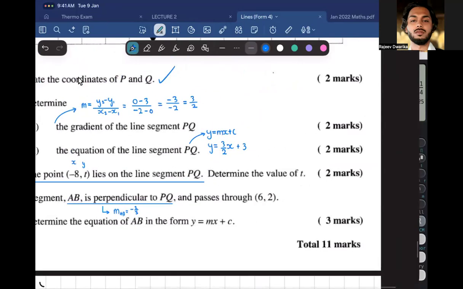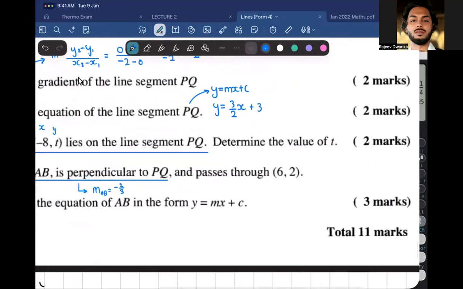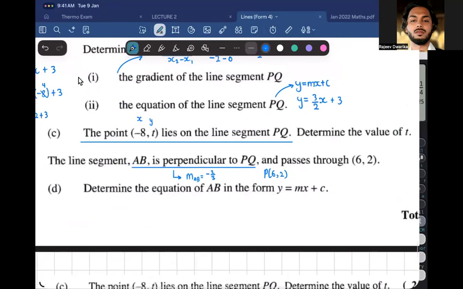Great. And they're giving us a point. What to do? So negative 2 over 3 open bracket multiplying by 6.